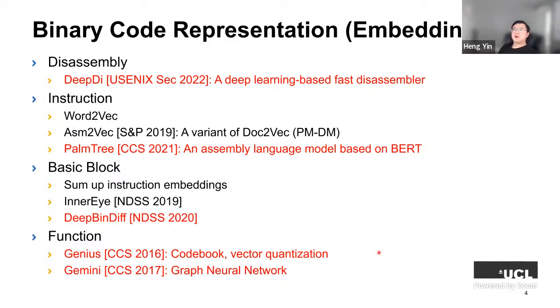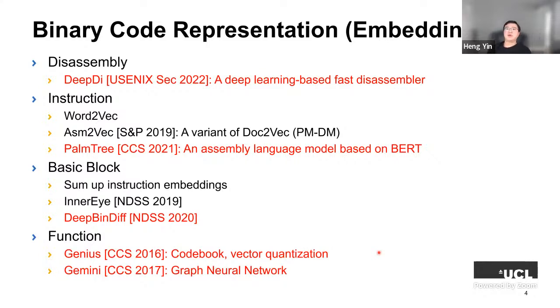And recently we published a paper called PalmTree in CCS 2021. Essentially, we propose an assembly language model based on BERT that learns the instruction representation. And then on top of that, we know that a group of instructions forms a basic block.